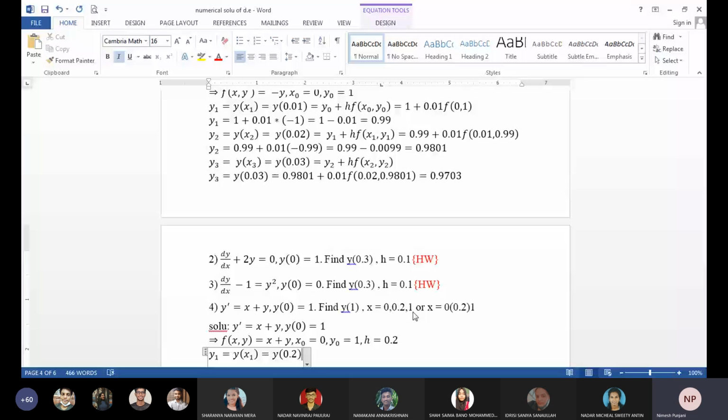So what does the formula say? It is y0 plus h into f of x0 comma y0. Okay, y0 plus h into f of x0 comma y0. This is what will be my y of 0.2.